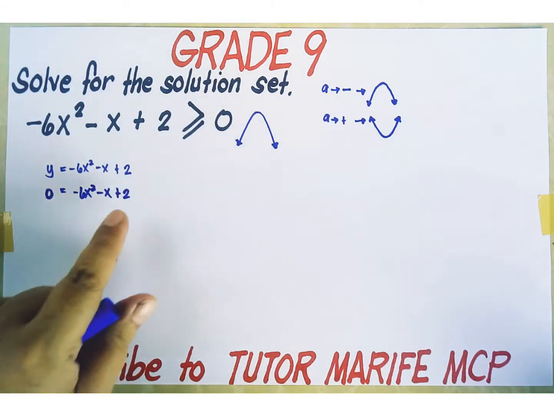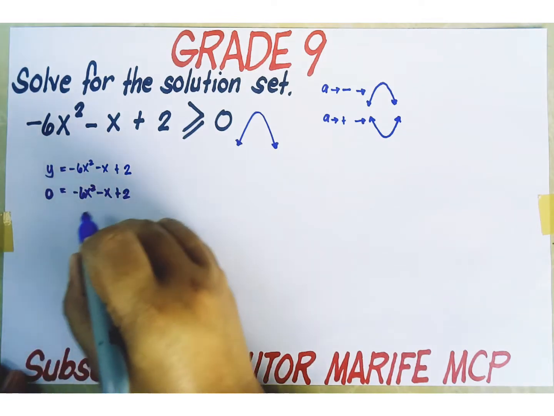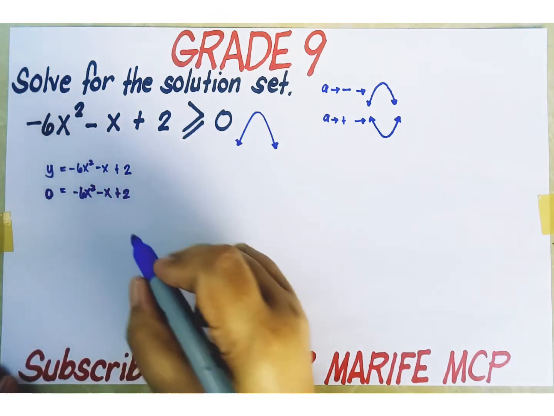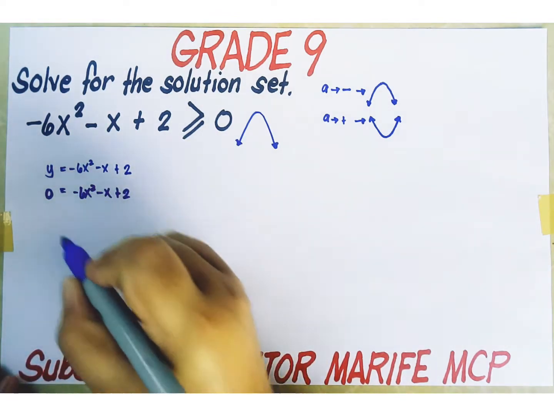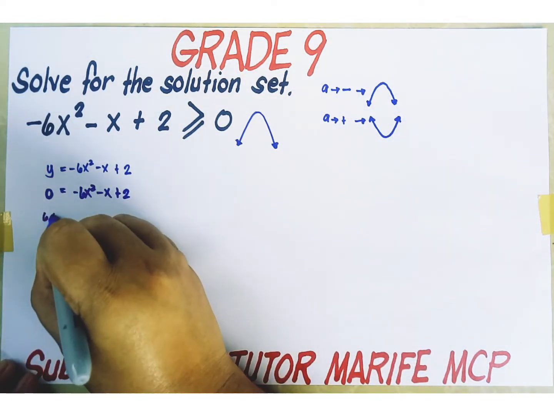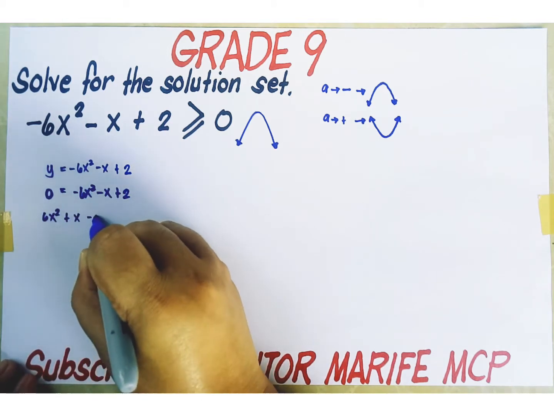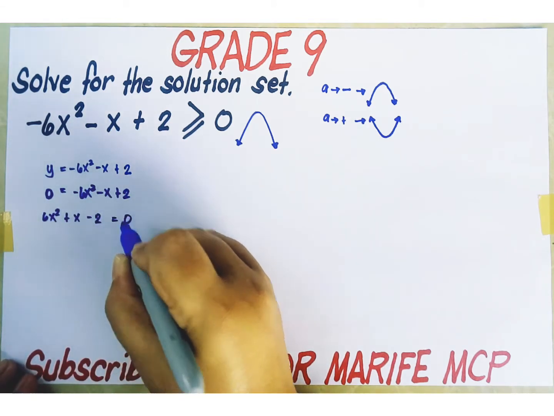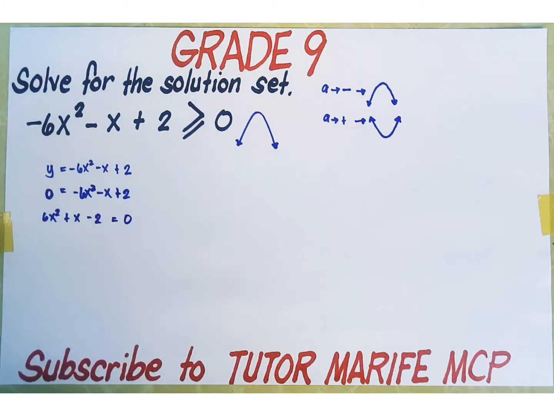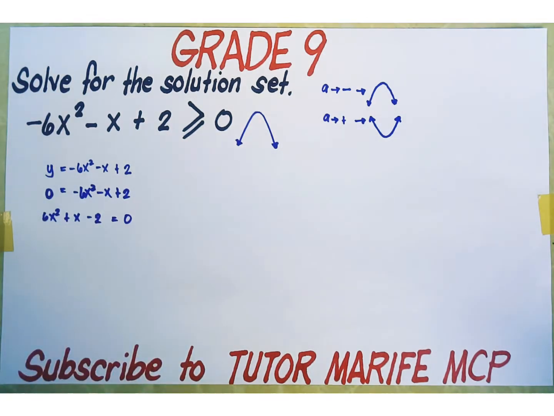Let's transpose all the three terms to the left side. The sign of each term will change when being transposed to the left. We now have positive 6x squared plus x minus 2 equals 0. Then we can use any of the four methods to solve this quadratic equation.